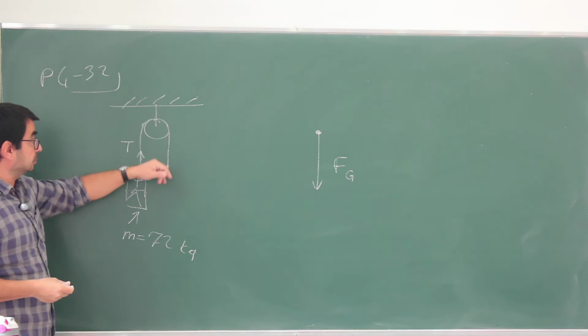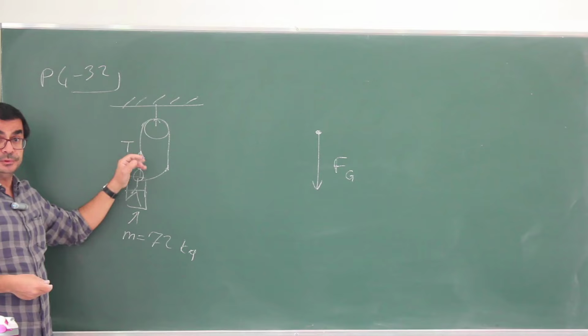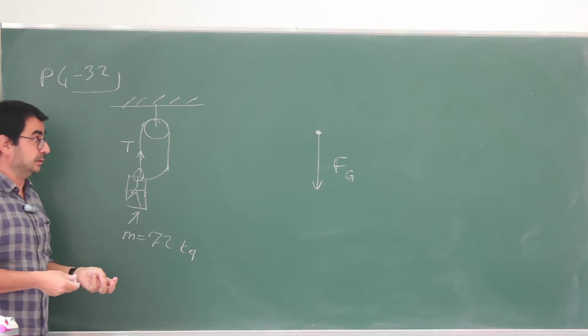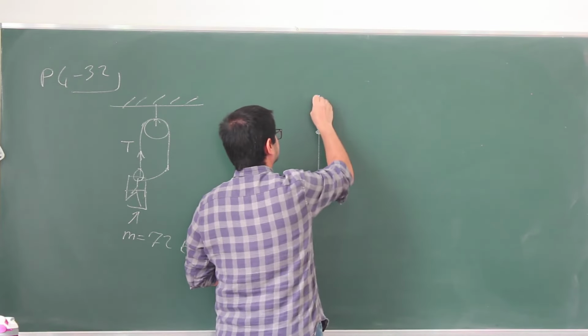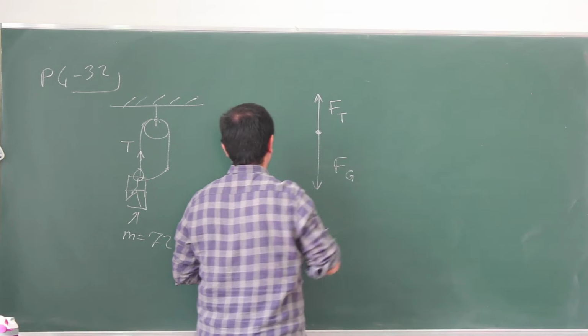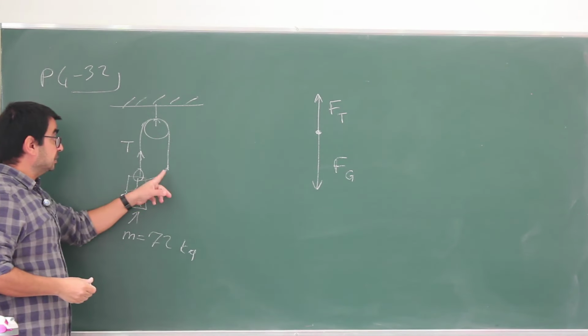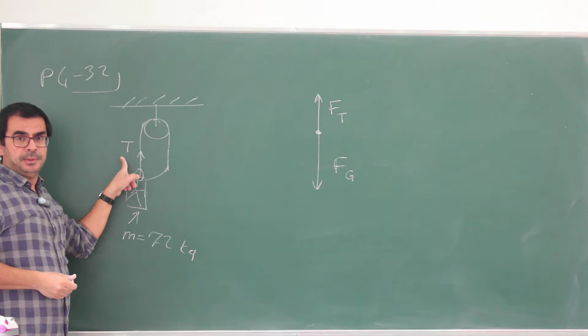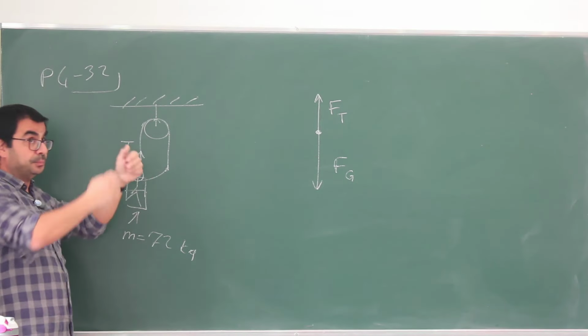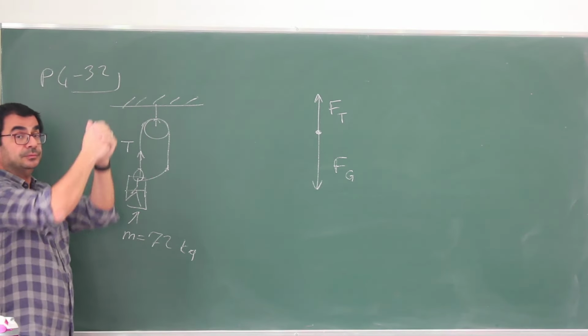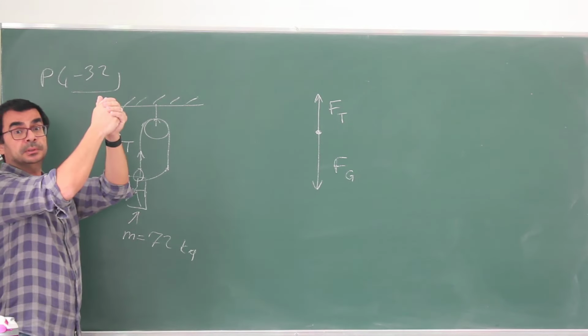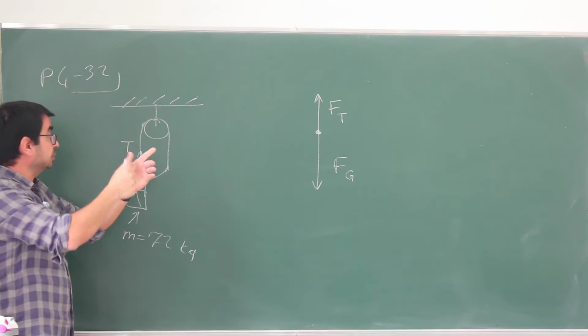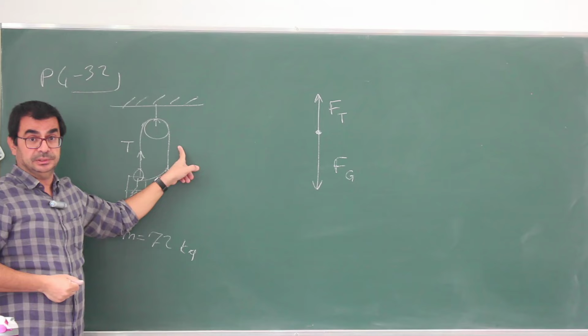Remember that when your rope is tight, there's always going to be a tension force. That tension force is going to be away from the object. Right? So there's going to be some Ft. Now what else? Now this person, first of all, why is this tension happening? Why is the rope tight? Because this person is pulling down the rope. Well, if you pull down, the rope is going to pull you up. That's action and reaction. So there's going to be another tension force acting from here.